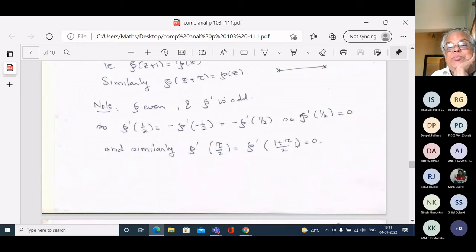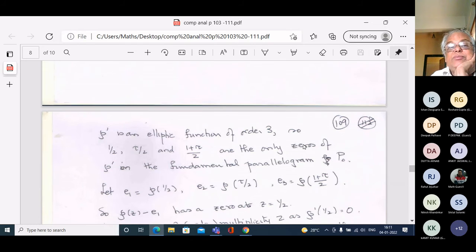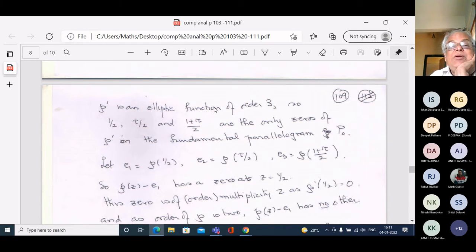Similarly, P prime of tau by 2 and P prime of (1 plus tau) by 2 are 0. So P prime is an elliptic function of order 3. These are zeros of P prime in the fundamental domain. Therefore, these are the only zeros of P prime in the fundamental domain. That is what we have shown.